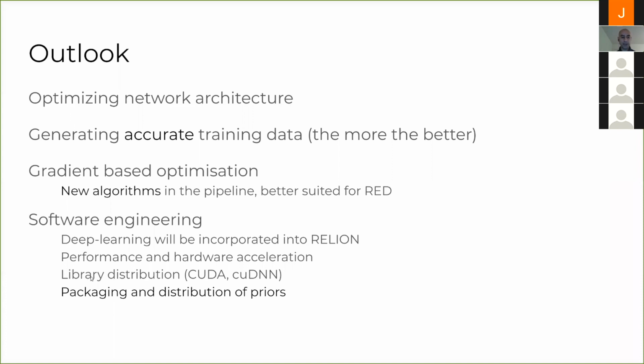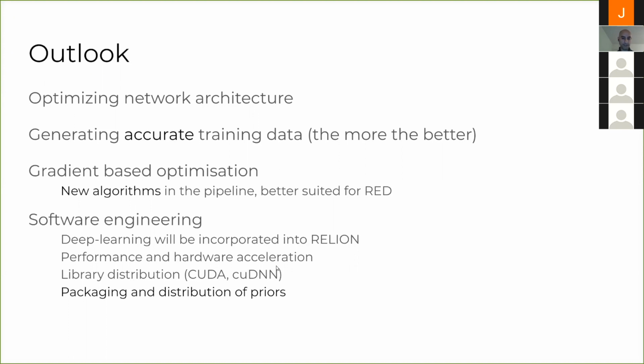And also library distribution, like cuDNN. Now suddenly we need cuDNN that the user will have to download themselves. We're hoping to be able to distribute this ourselves, but there are some license issues that might prevent us from doing that. So we'll see how that goes.